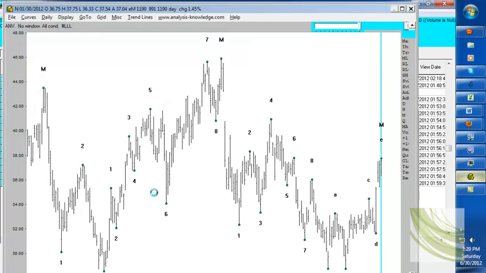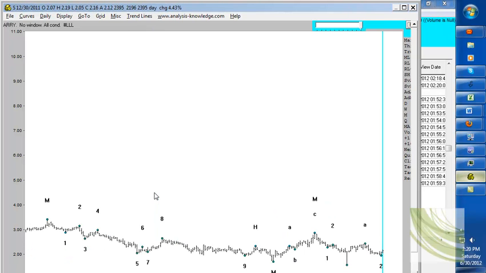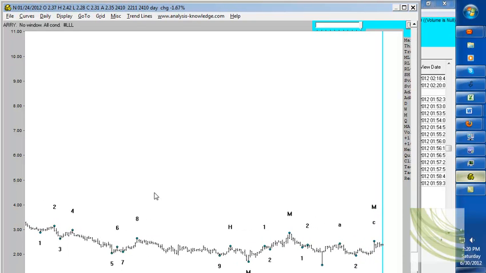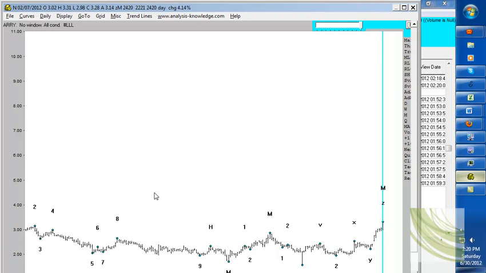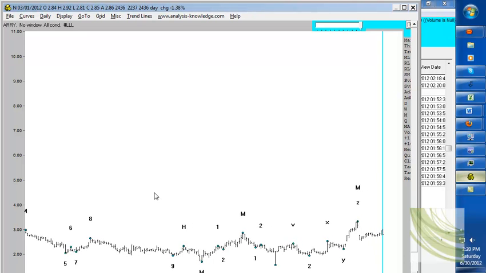So let's go to the next one. Press Alt N. And this is definitely a buy pattern. And then it went up for a Z, which can be pretty cool.